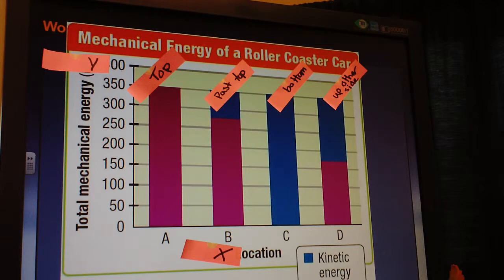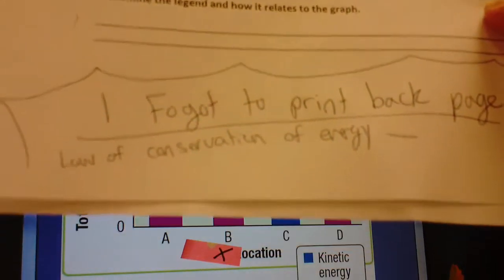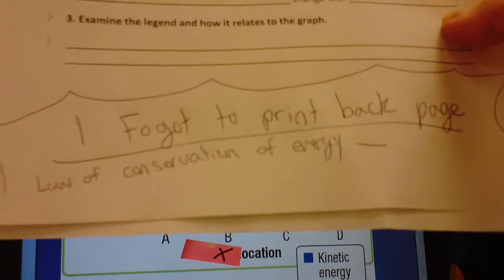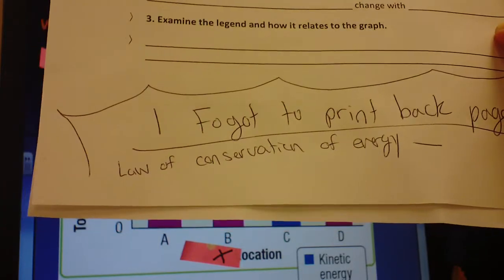Now, I realized after I printed this that I actually forgot to print the back page of the lab. And so there's a couple things that I would like for you to define for me down here at the bottom. So I forgot to print it, and you can see the first thing I want you to define at the bottom is the law of conservation of energy.